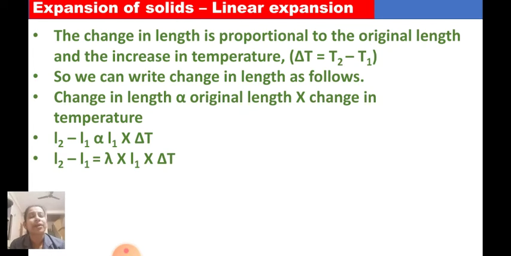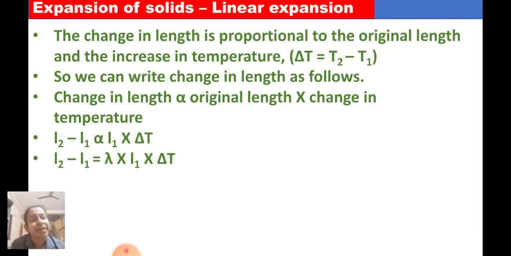Okay, now how can we write this further? We want the final length. To find the final length, we have to take L1 to the other side, because we already know the original length, but we need to find the final length, the increase in the length, correct? So when we take that L1 to the other side, the minus sign becomes plus.